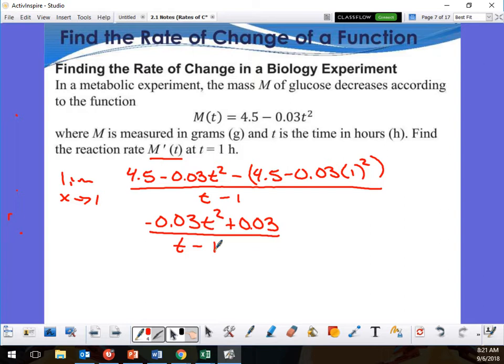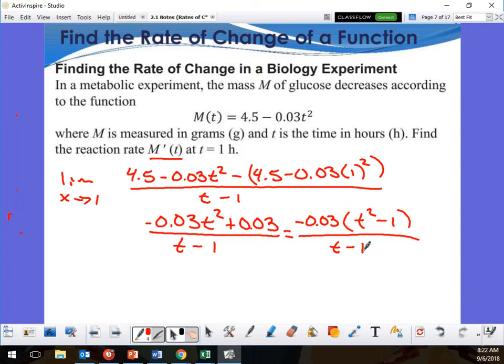Is this right? Yes. What can I factor out? I can factor out negative 0.03, and I'm left with t squared minus 1 over t minus 1.